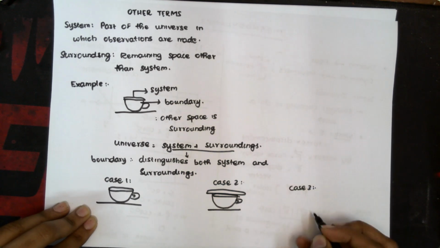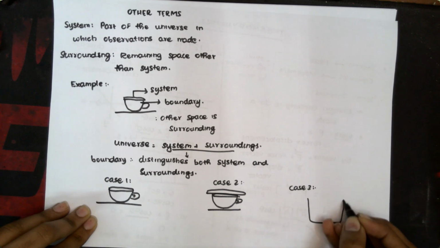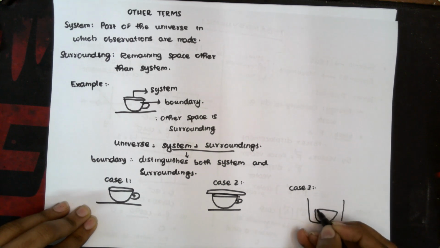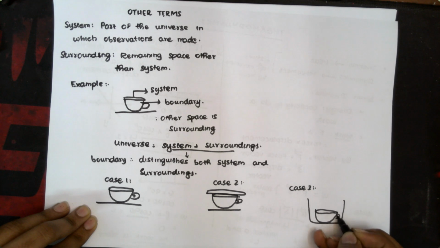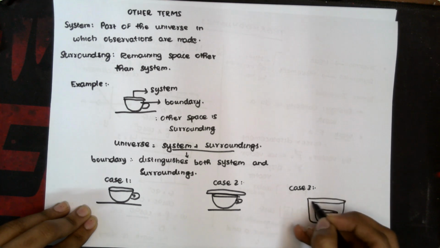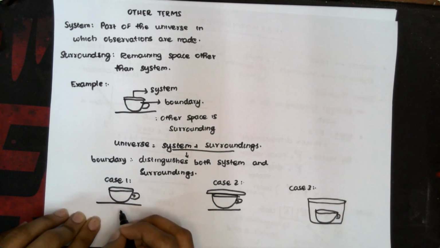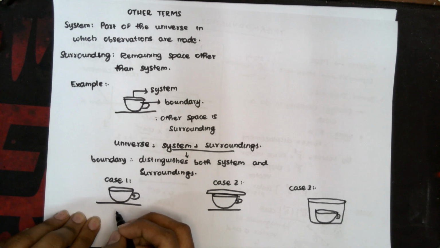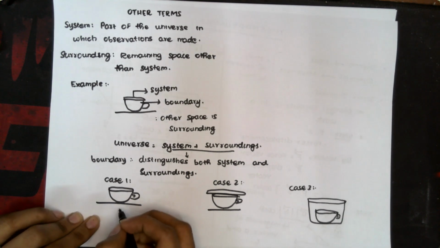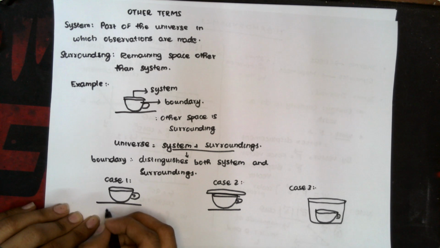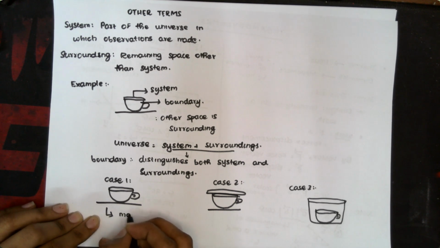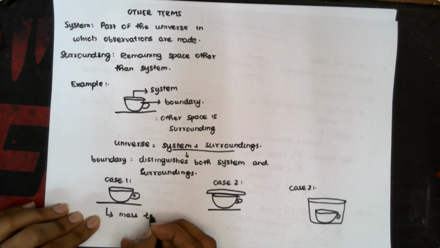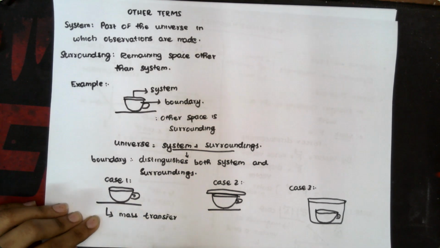In the first case, this is called open system. Do you know why? Because there is a loss of mass. Is it not? After some time, when you weigh, there is a loss of mass. So the loss of mass indicates what? Transfer of mass. That is, mass transfer has taken place.